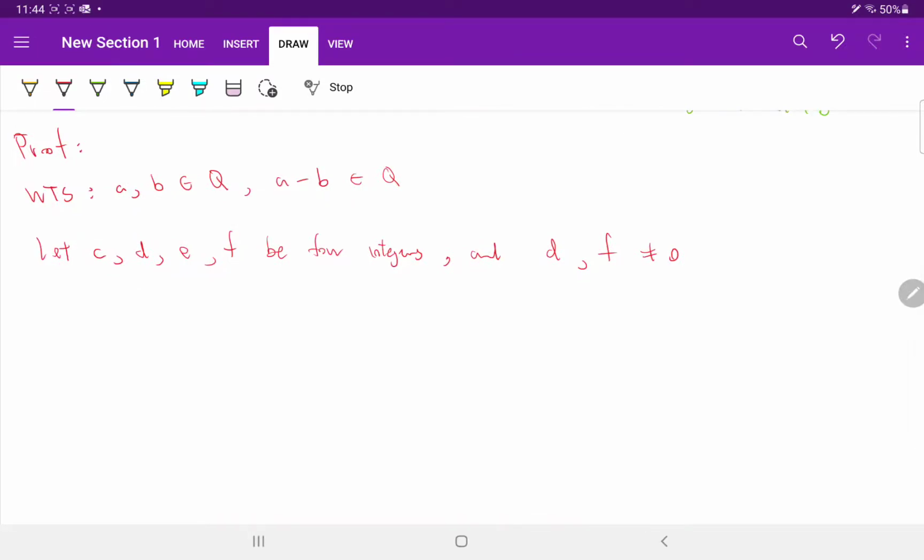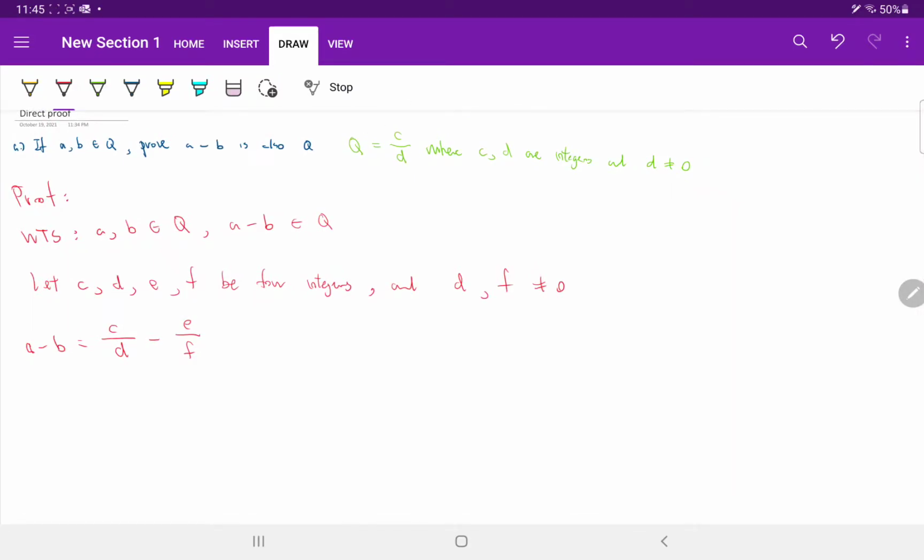You can see the question: we want to prove A minus B. And we already know that A and B are rational numbers, so we can write it in the form of C over D minus E over F according to the definition. If A is a rational number, it can be written as an integer over another integer, which in this case I write as C over D, where I assume that C, D are both integers and D cannot be 0. D and F cannot be 0. So it makes sense.